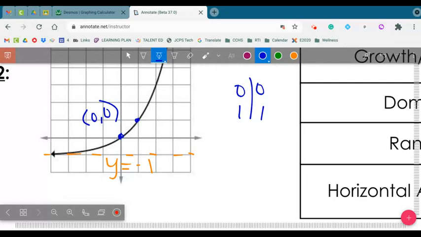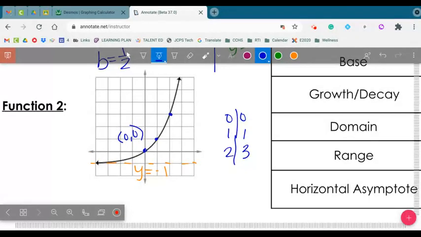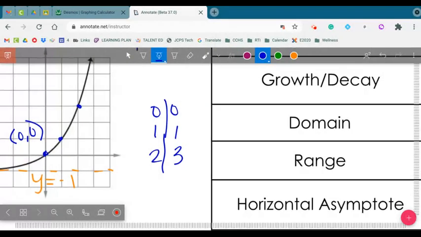We're going to have to go to the next point, which is 2, 3. Because you can't multiply by 1 because then it wouldn't be an exponential function. So it looks like they're multiplying by 3 here. So our b will equal 3.